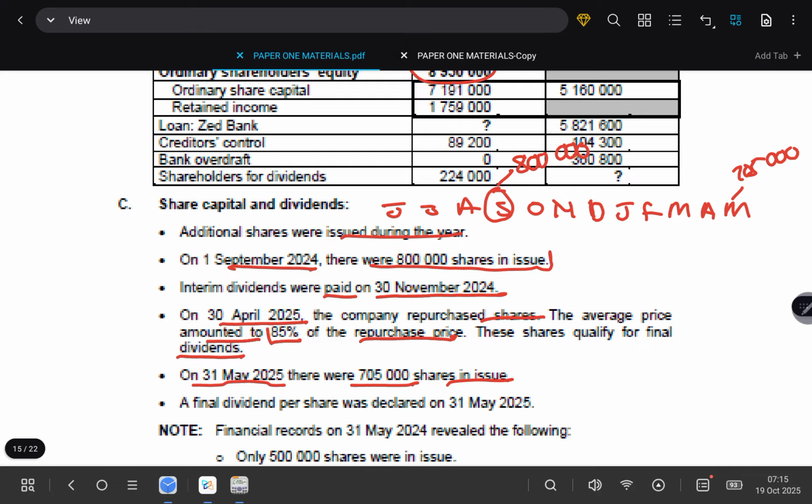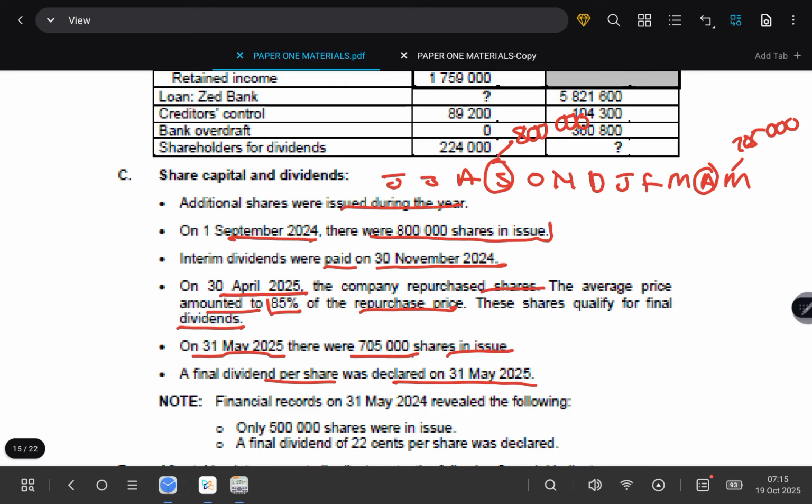Remember, the repurchase took place in April. So those shares will qualify when dividends are given. A final dividend per share was declared on the 31st of May, so we need to include them when those dividends are declared.